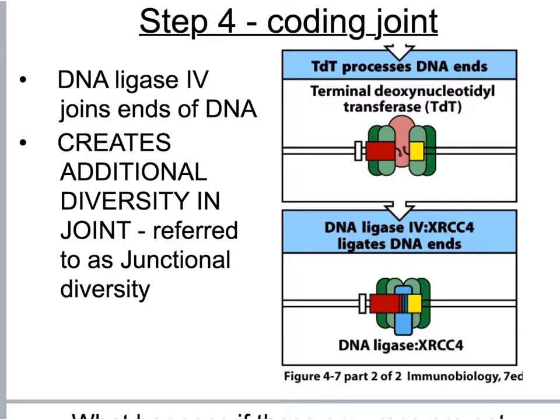So we're creating more diversity and ultimately the possibility for greater specificity. You are also creating the possibility that you're making junk. Turns out your immune system doesn't care. It's willing to take the chance that it's going to mess up a receptor, in the hopes that it's creating enough diversity otherwise to make up for that energy lost.